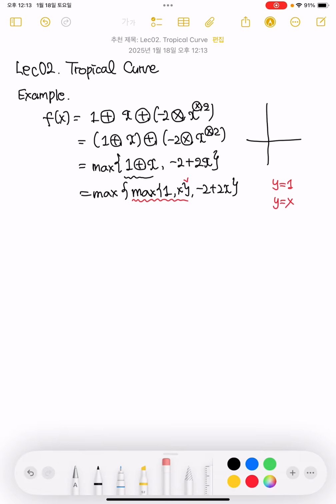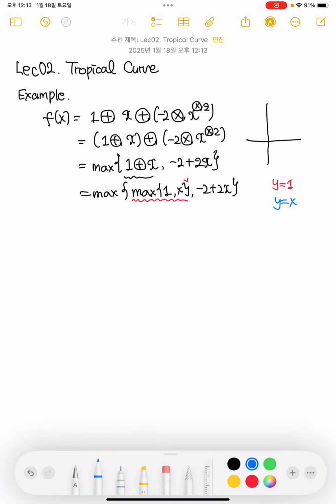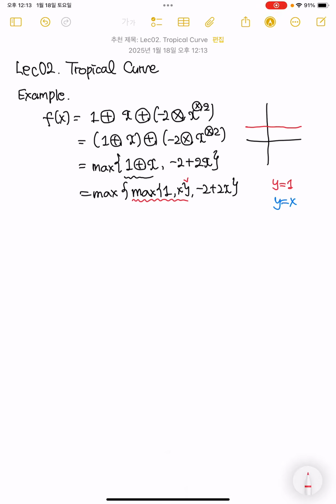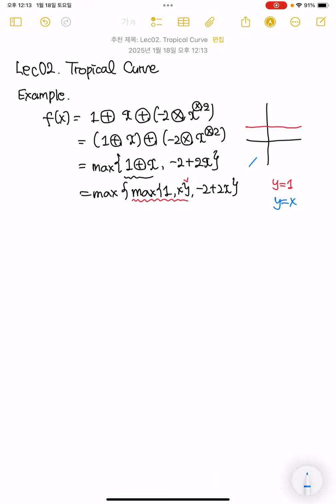Then, the red is a constant function and the blue is a linear function.